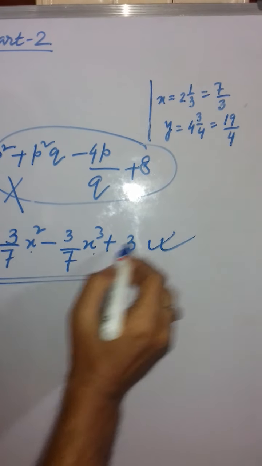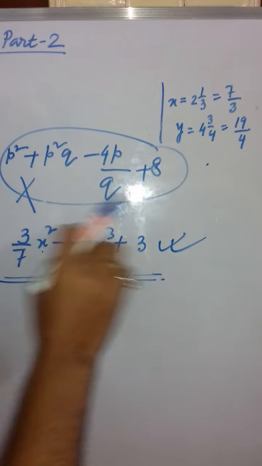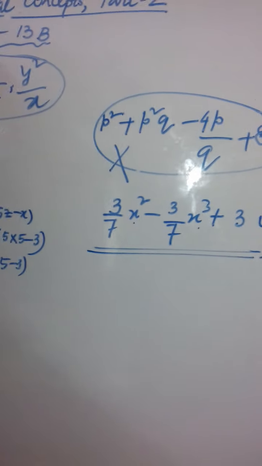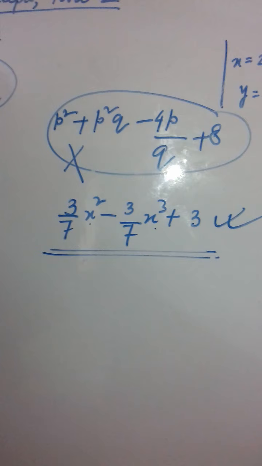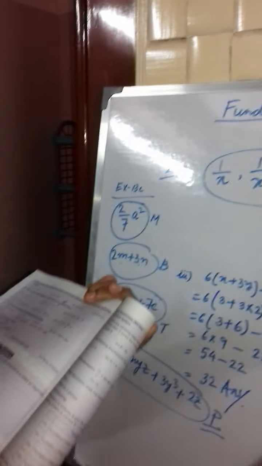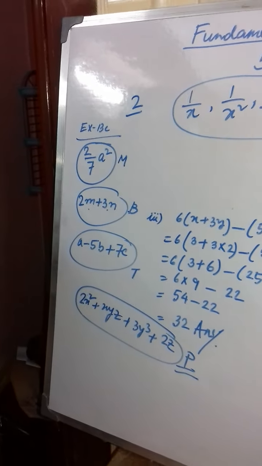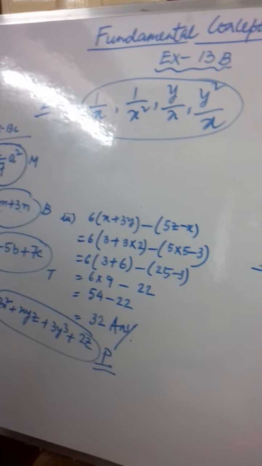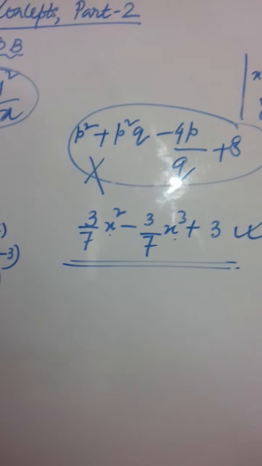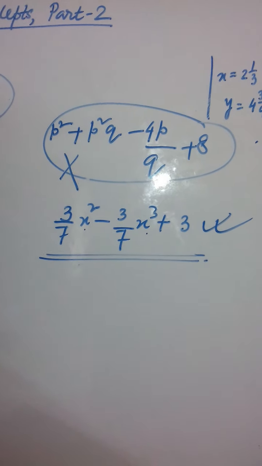So these are termed as polynomials, but the previous expression is not. So this is the discussion of the next part, 13c. Which one is the polynomial? You have to identify the polynomial, the monomial, the binomial, the trinomial, etc. So up to this much today.